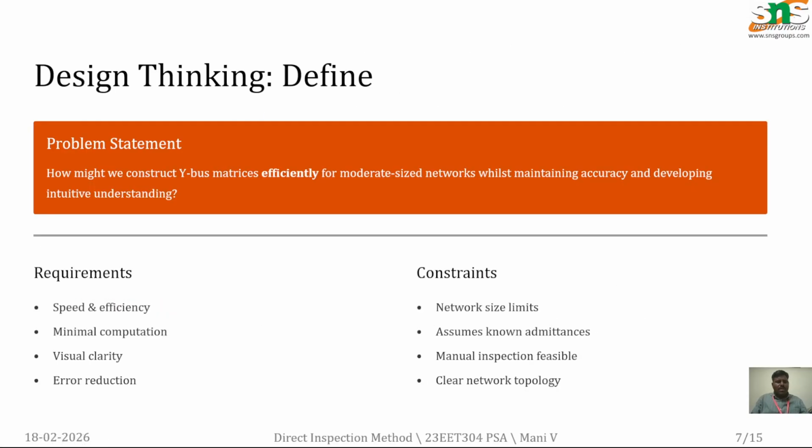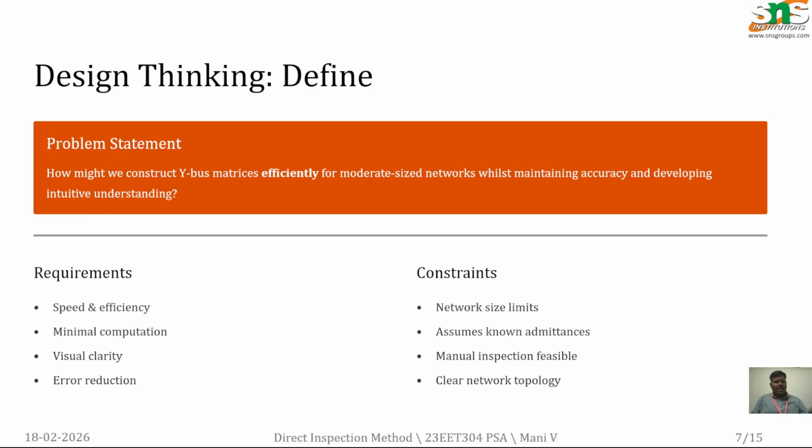So here we have to define why we form the bus admittance matrix, and how we construct the admittance matrix efficiently for moderate sized or large sized networks. We have to maintain accuracy throughout the operations.